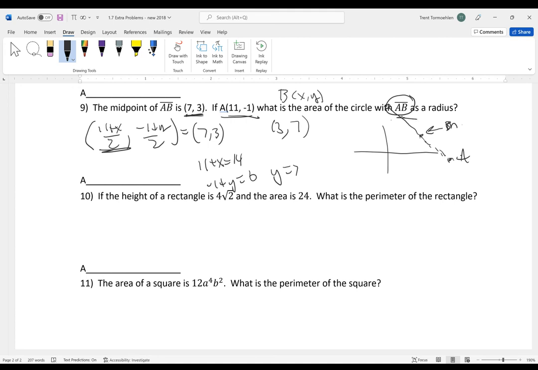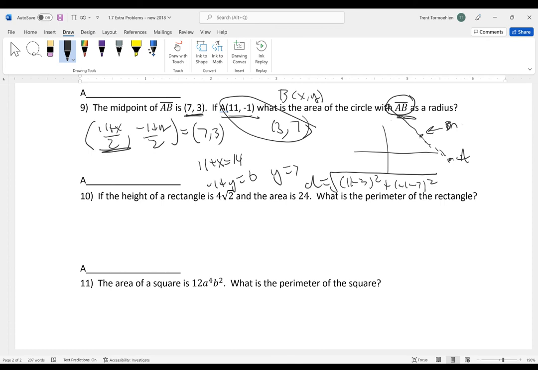And it says AB is the radius. And so then we just need to find the length from A to B. And so we do the (11 minus 3) squared plus (-1 minus 7) squared, just using the distance formula. Remember, the distance formula is the square root of (x1 minus x2) squared plus (y1 minus y2) squared.